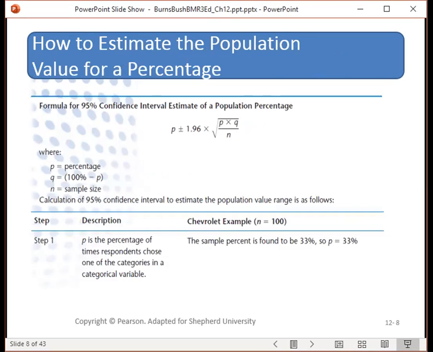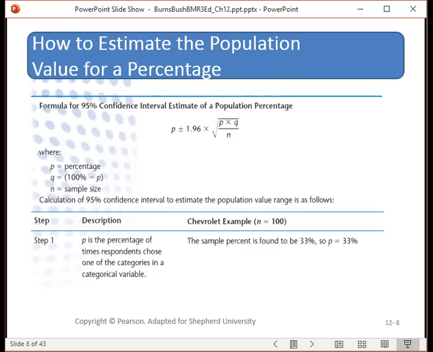At a 95% confidence interval estimate, we're going to use a Z factor of 1.96. We multiply that times our standard error, the square root of P times Q divided by N, and that becomes our limit. Then we take P, the percentage we found in our sample, and we subtract the limit from that to get the lower bound. And then we take P and add the limit to get the upper bound.